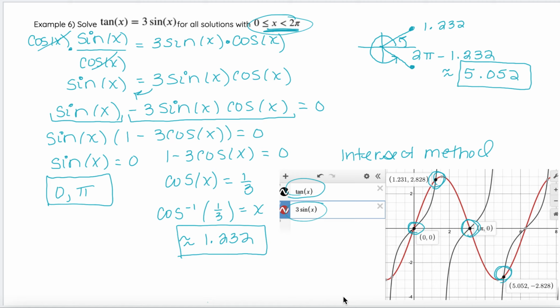Yes, there is another intersection here, but 2 pi is not included, so we're stopping where we're at.